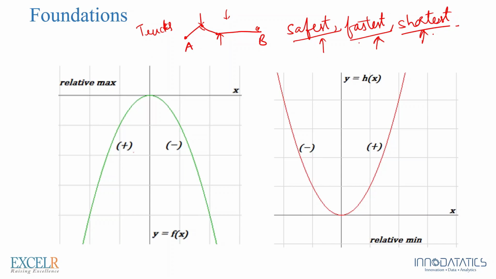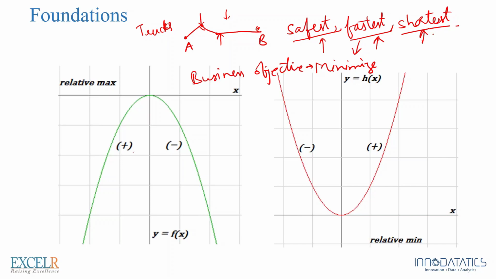Here, if the objective that you're trying to solve is find the fastest route possible, then you want to minimize. What do you want to minimize here? If you want to find the fastest route, then what will be your business objective? Can anyone throw some light? What do you want to minimize?